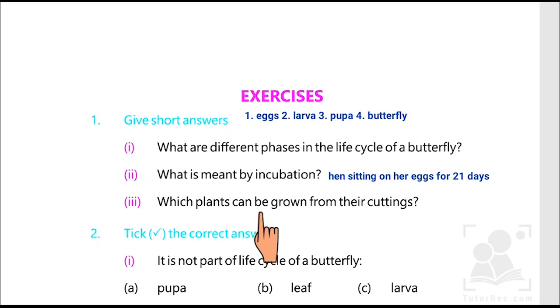Which plants can be grown from their cuttings? Rose plants can be grown from their cuttings. So these are the short answers for these 3 questions.